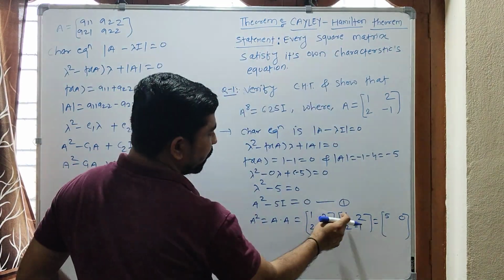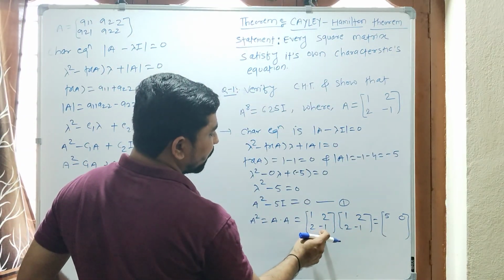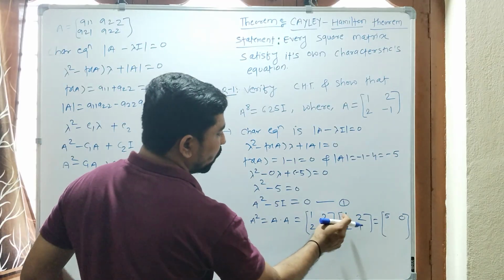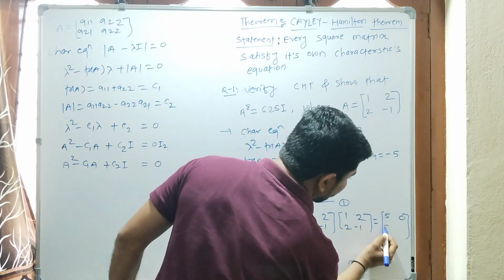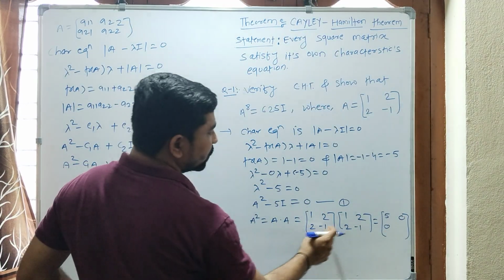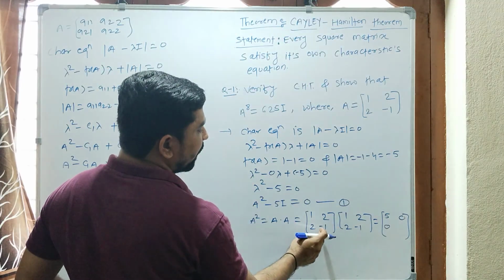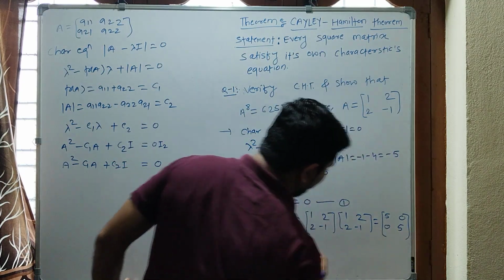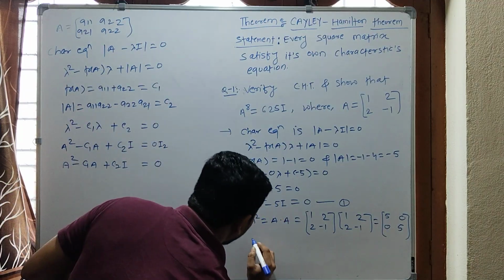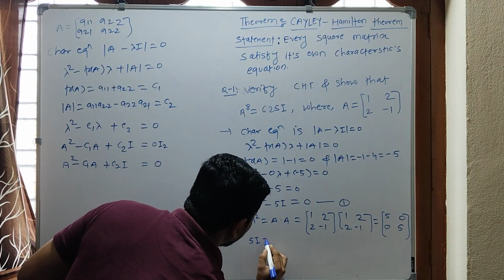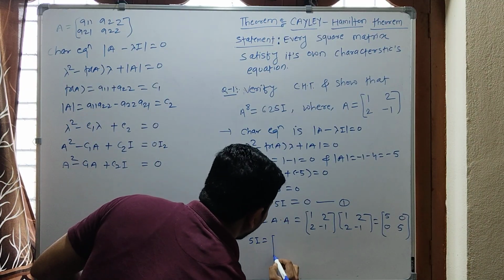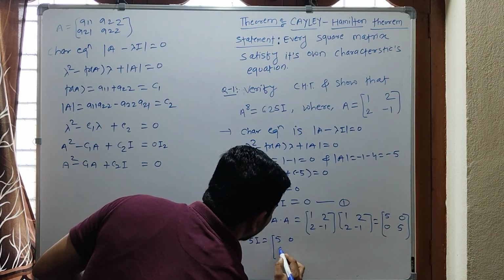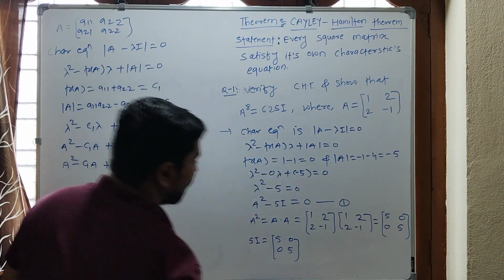Now 2 into 1 is 2, and minus 1 into 2 is minus 2, so 2 minus 2 cancels, and this is 0. Then 2 into 2 is 4, plus minus 1 into minus 1 is plus 1, so this is 5. So this is my A square. Now calculate 5 into I, where I is the identity matrix. So 5I is 5 0 0 5.